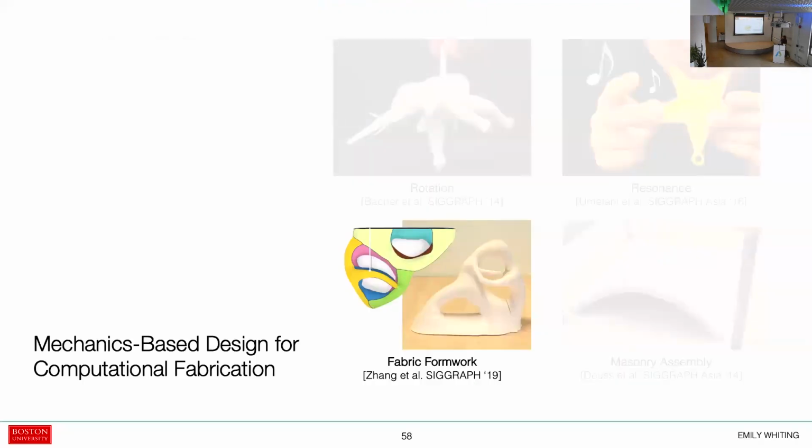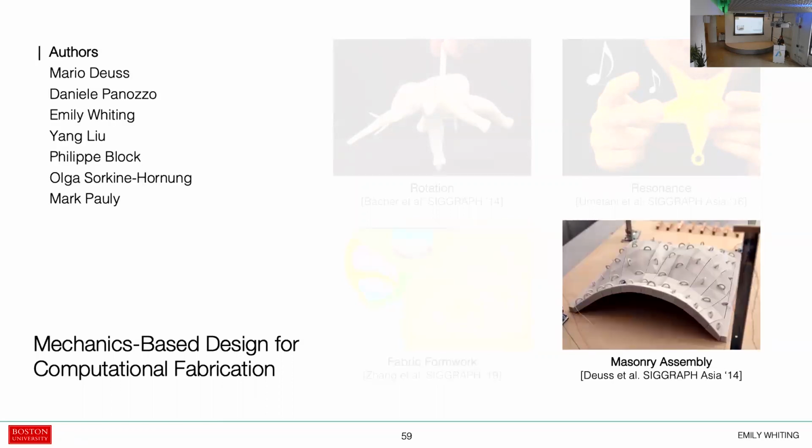All right, so through fabric formwork, there's a lot of possibilities here, as I said, in low cost and large scale fabrication, and particularly interesting for the properties of curved and organic shapes. The last example that I'd like to highlight is also in an assembly method or a construction method.